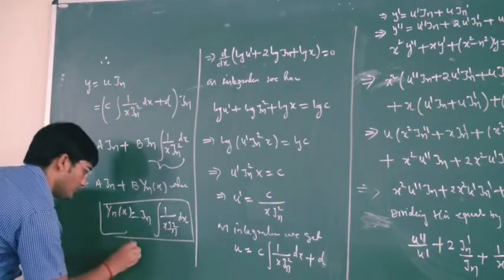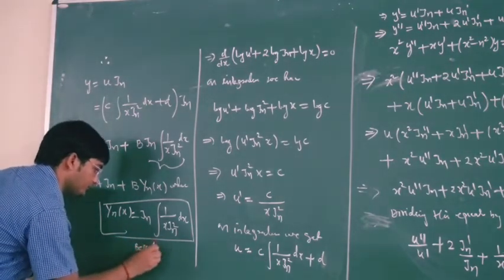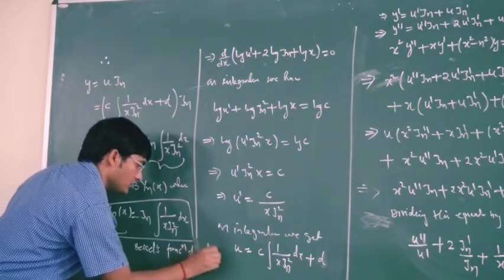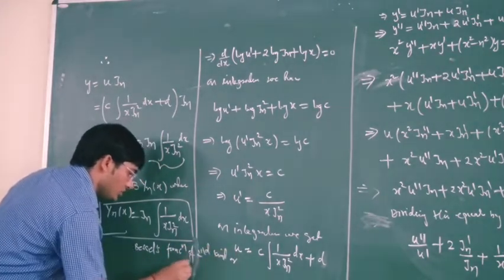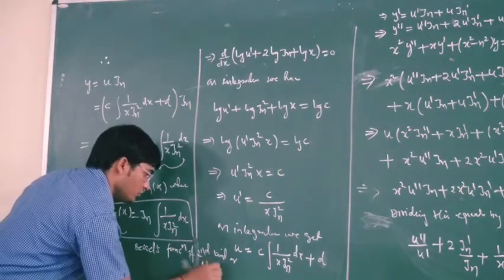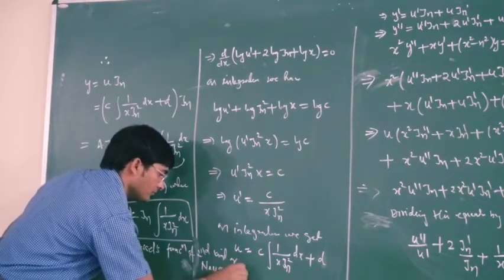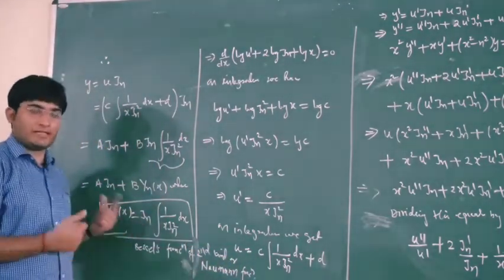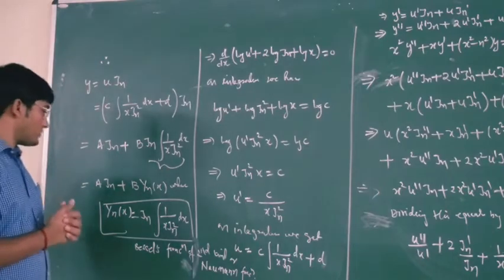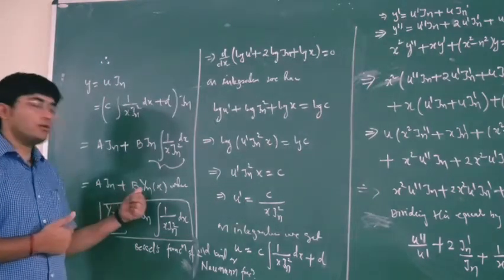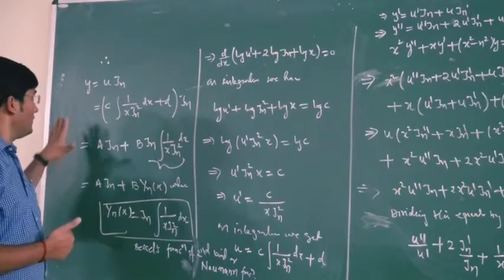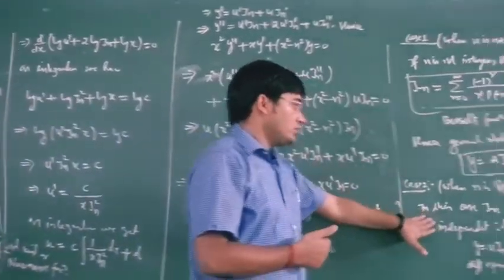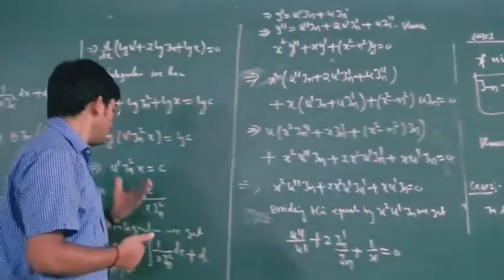This Yn is known as the Bessel function of the second kind, or Neumann function. So the solution in this case will be a Jn plus b Yn. This will be your complete solution of this differential equation.